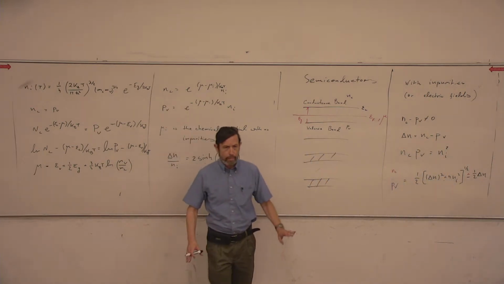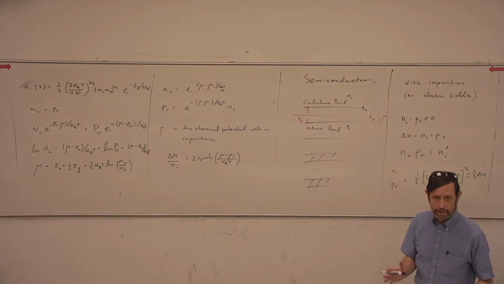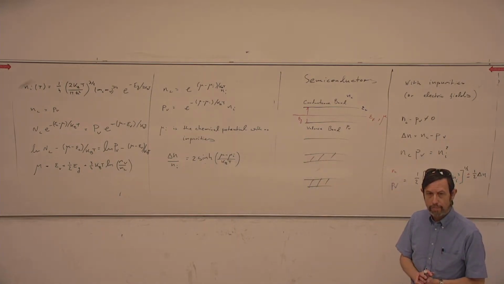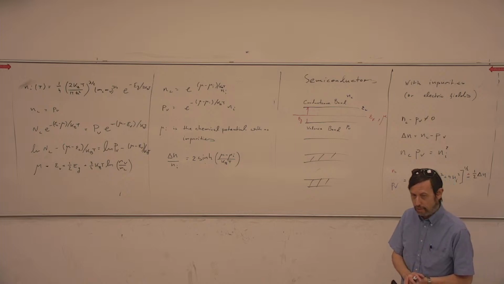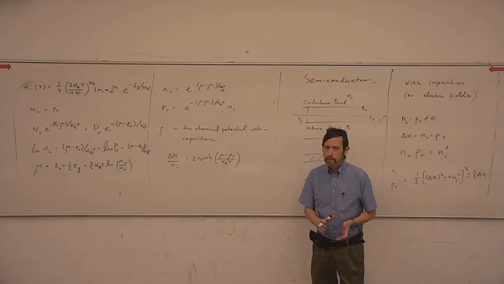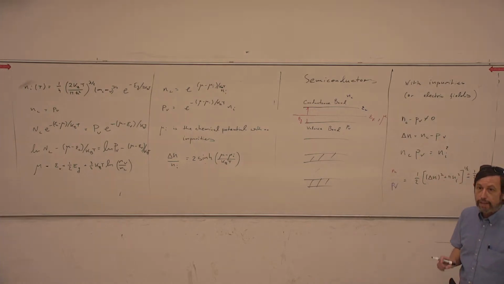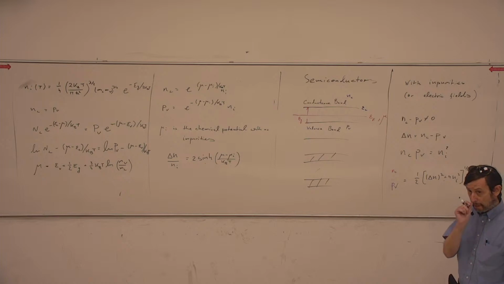Okay, so impurities add electrons or reduce the number of electrons, but they also do an additional thing which is very important. And this is perhaps the centerpiece of why semiconductors are so important in technology. They create new states.